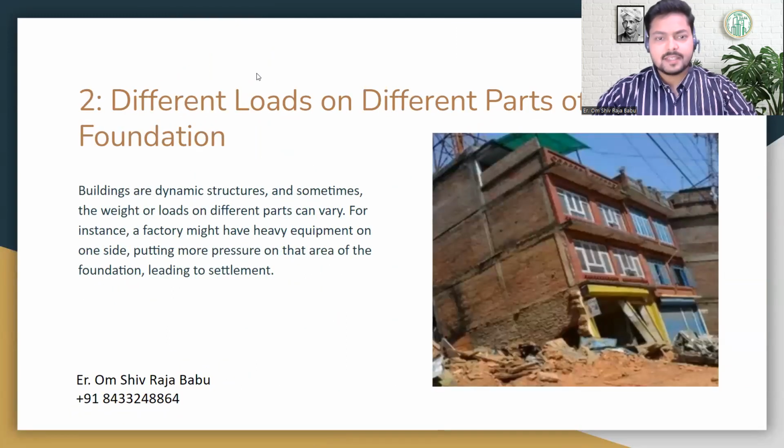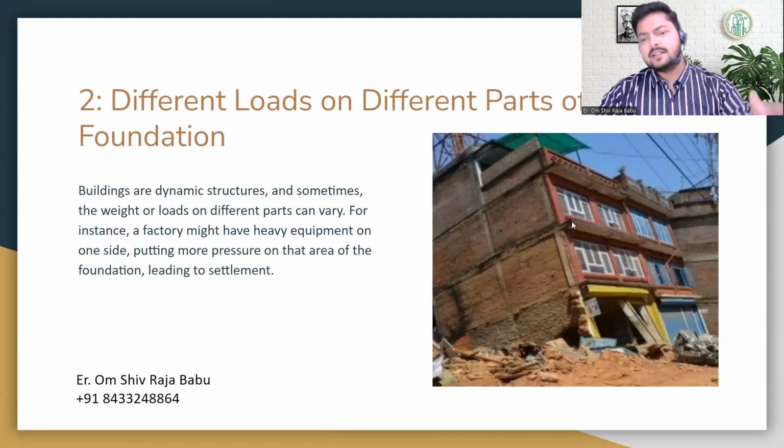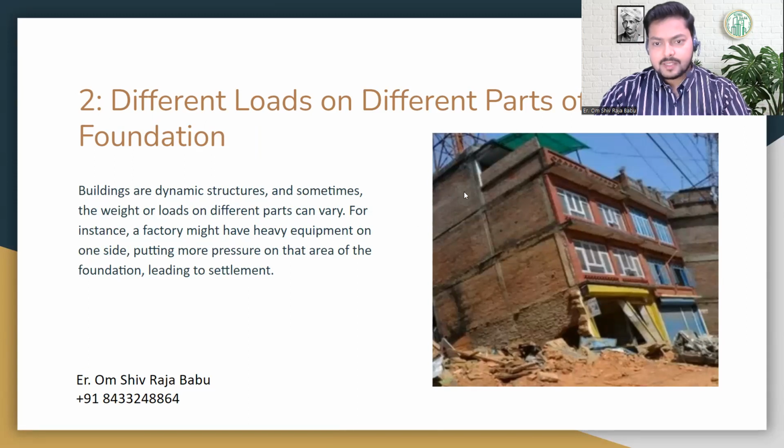The next reason is different loads on different parts of the foundation. Buildings are dynamic structures, and sometimes the weight of loads can vary on different parts. In this situation, you can see we have more height over here, and I guess the dead load and live load were much more on this side of the building.